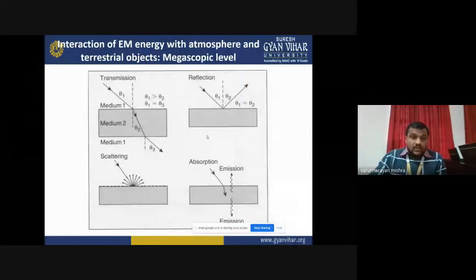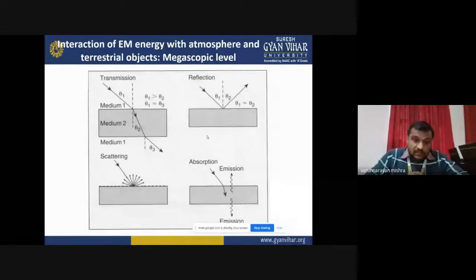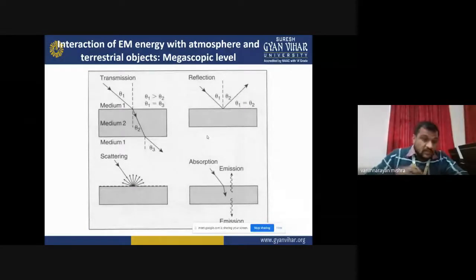So whatever energy reaches the earth surface after the interaction with the atmosphere may be transmitted by the object, it may be reflected, or there may be scattering on the earth surface, or there may be absorption, and the energy absorbed by the earth surface will be emitted after some time by the object in the form of thermal energy. That is the basis for the thermal remote sensing process.